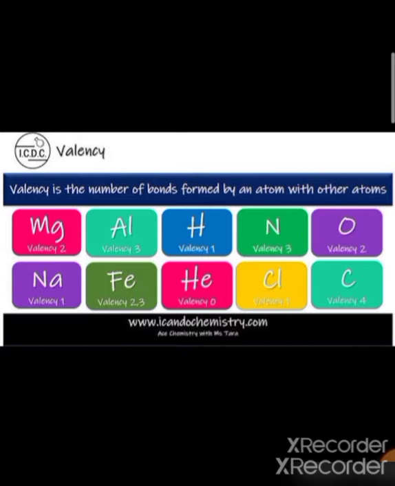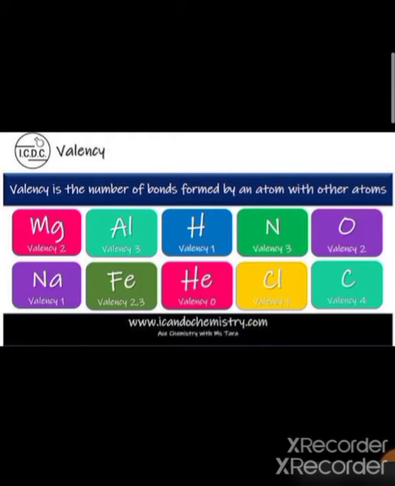Most of the transition elements, scandium, titanium, vanadium, chromium, manganese, iron, cobalt, nickel, copper, zinc, silver, gold, mercury, and some elements like tin and lead, show variable valencies. Variable means varying, means changing.